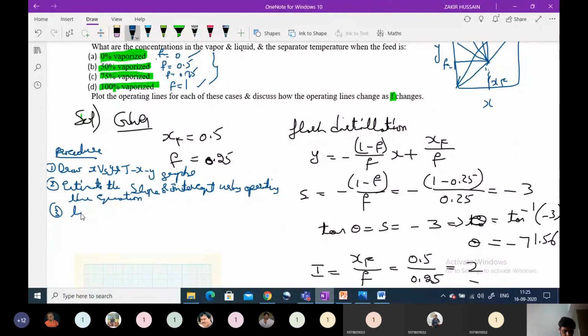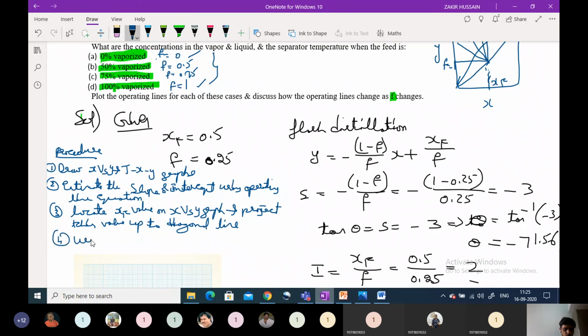Then the third step is to locate the xf value on the x versus y graph and project this value up to the diagonal line.